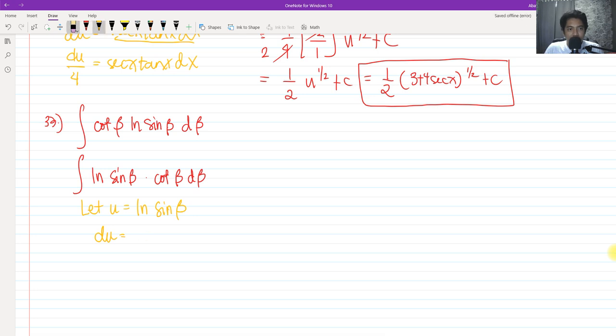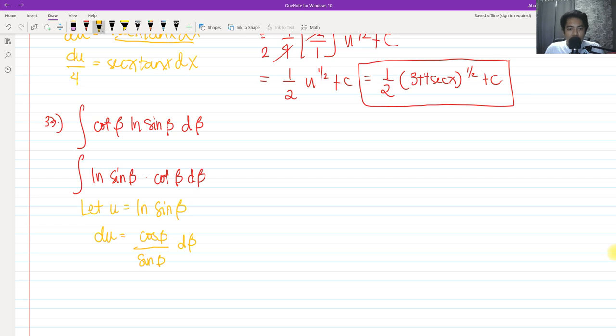Let me just change my pen. That's cosine beta all over we have the original u, which is sine beta. That's how we get the derivative of the ln. Okay? So that is with respect to the beta.